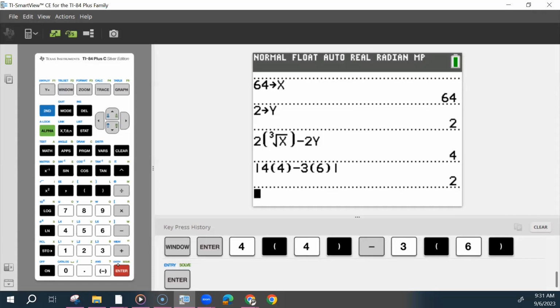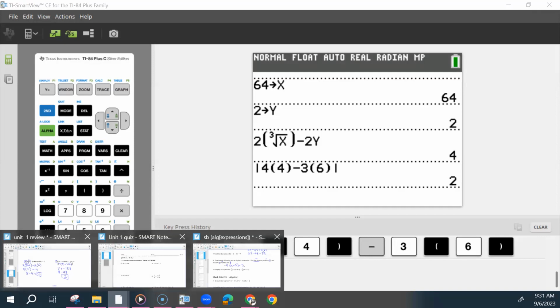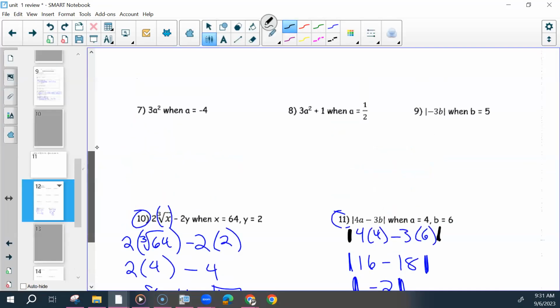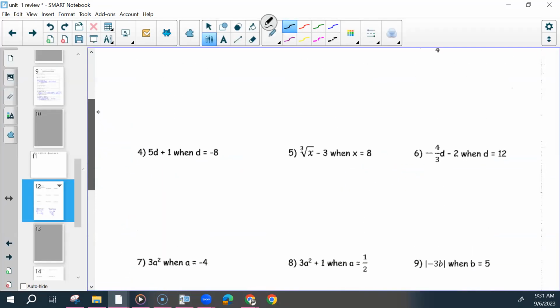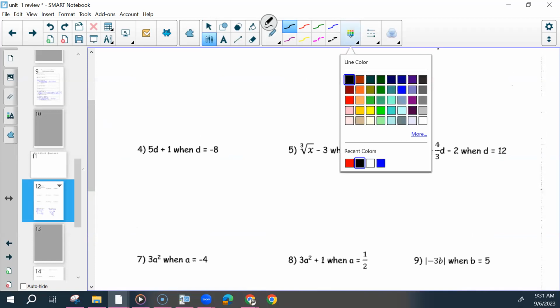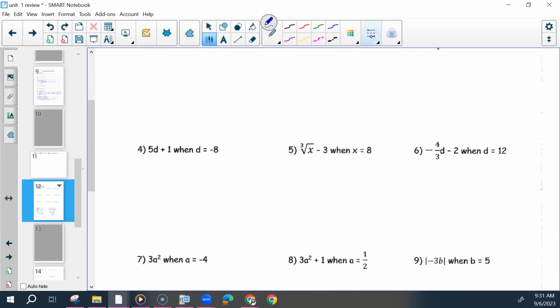Other evaluating questions. Yes. Okay, so 5 and 6. 5 first.